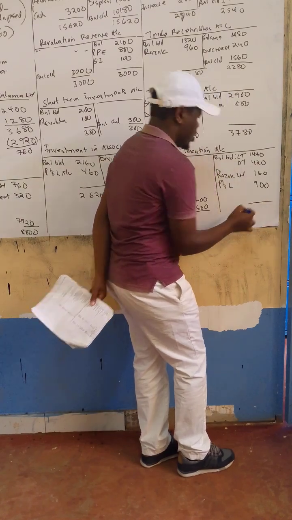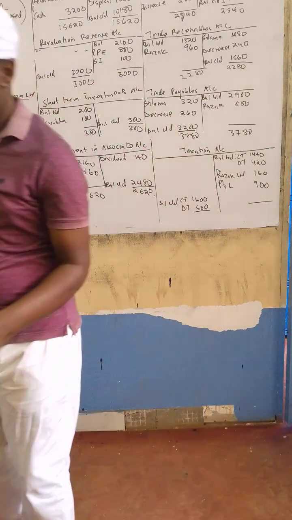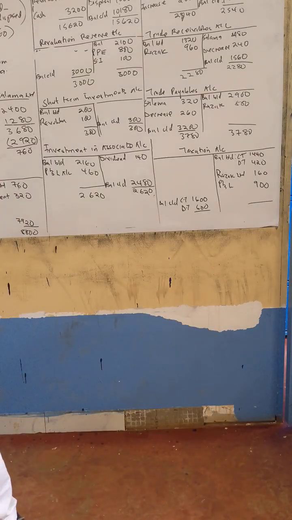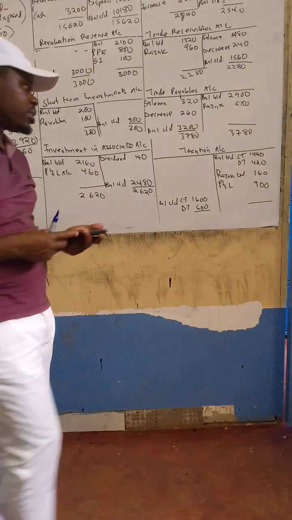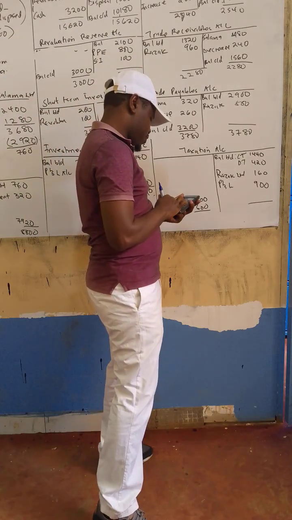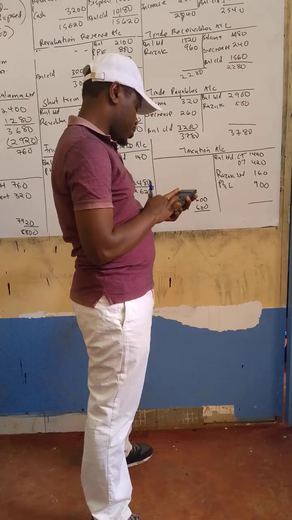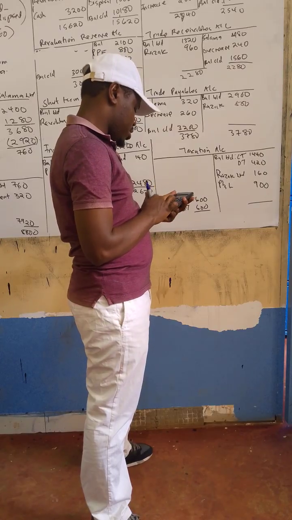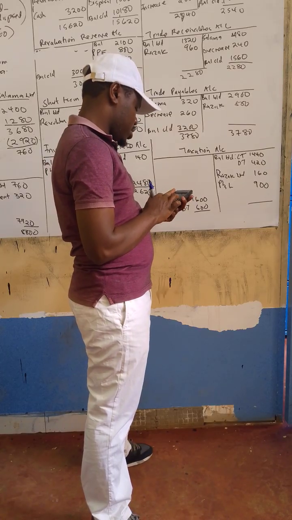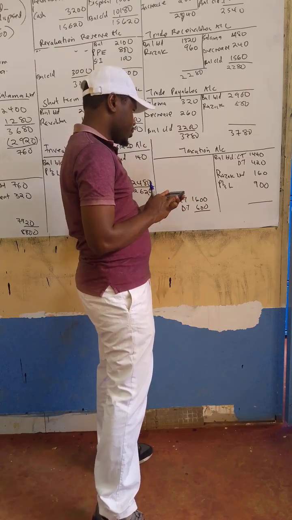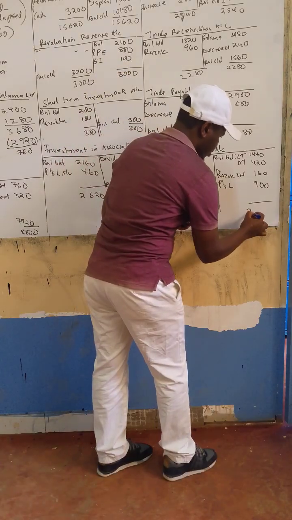So if you balance off that account, you want to know how much cash they paid for tax. So 1440 plus 420 plus 160 plus 900, you get 2920.